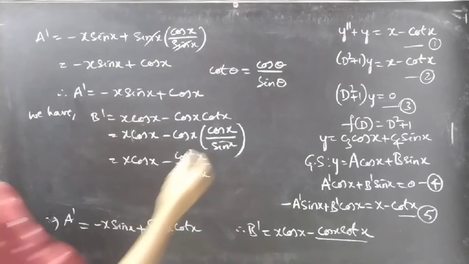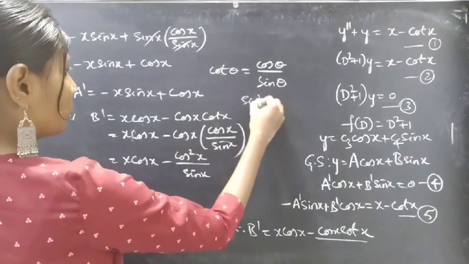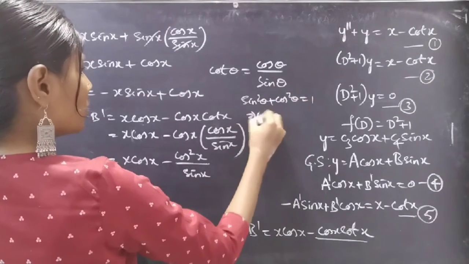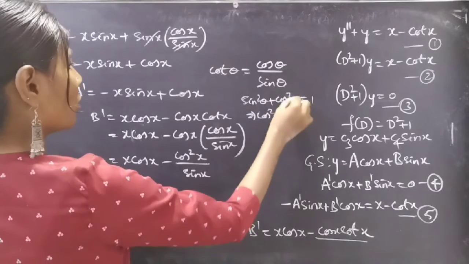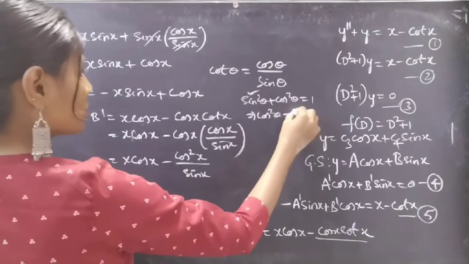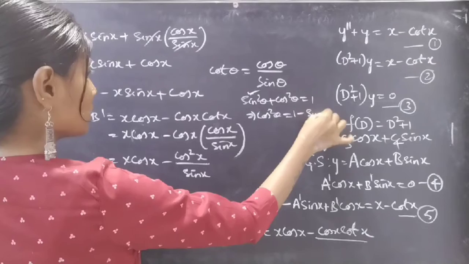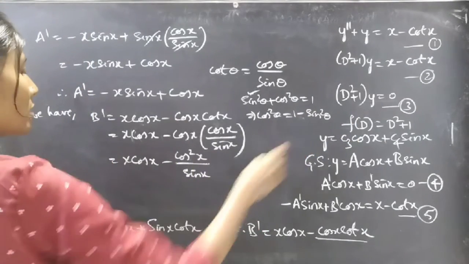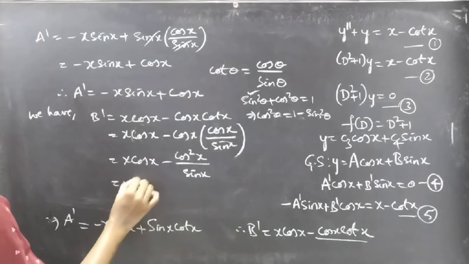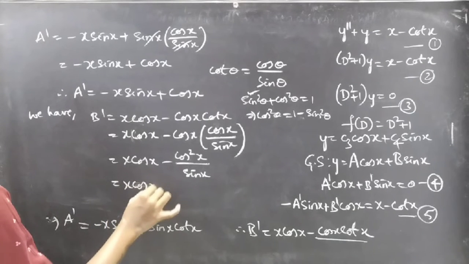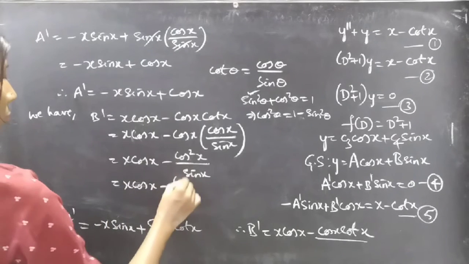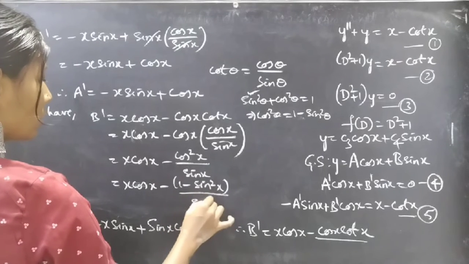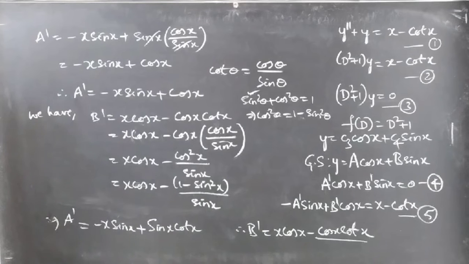Since we know that sin square theta plus cos square theta equals 1, just take sin square theta to RHS, we'll get cos square theta equals 1 minus sin square theta. Now replace cos square x with 1 minus sin square x. This gives us x cos x minus of 1 minus sin square x by sin x.